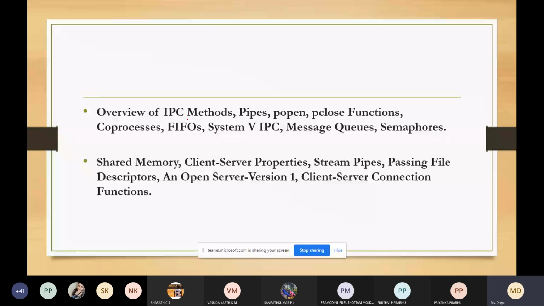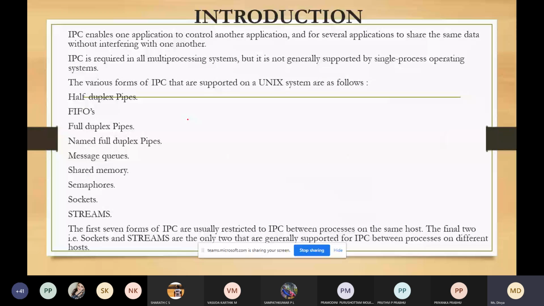First, we are studying a brief introduction to interprocess communication. Interprocess communication allows one application to control another application, and for several applications to share the same data without interfering with one another.